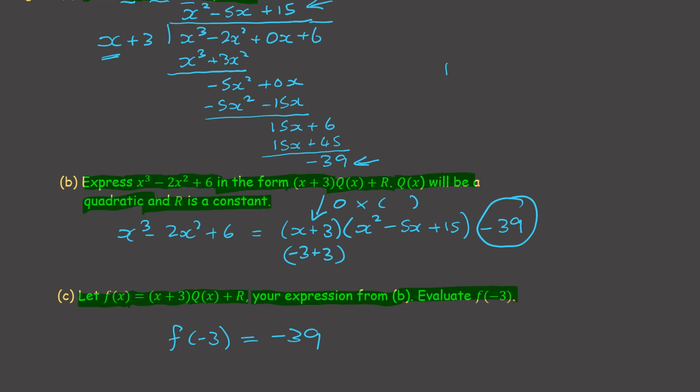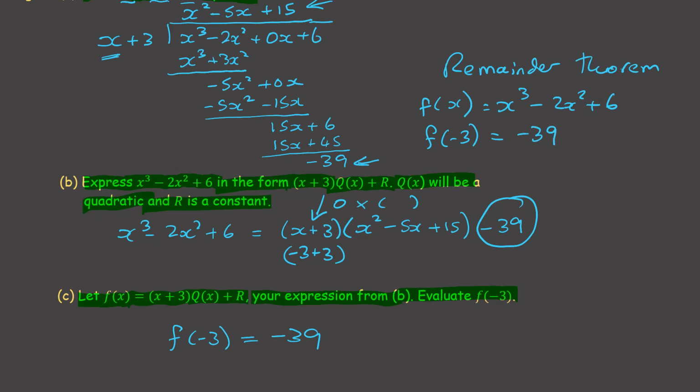We're working towards something here called the remainder theorem. If our f of x is the original x cubed minus 2x squared plus 6, f of negative 3 would be negative 39. Quite often, that was explained down here, by the way, because we know that that is equal to that.